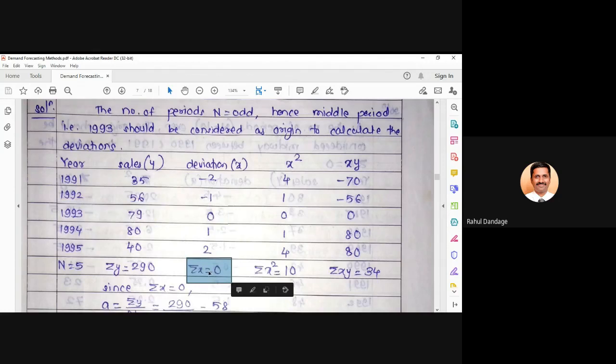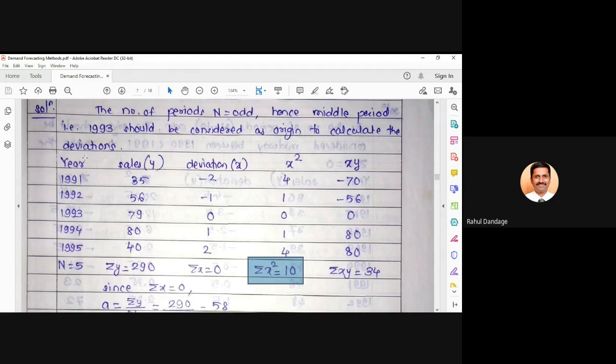Once we have ensured this summation x equal to 0, then simply calculate the remaining two columns, that is x square. Take the squared value for this deviation column. So minus 2 square is 4, minus 1 square is 1, 0 as it is, 1 square is 1, 2 square is 4. Take the addition, we have summation x square. And the last column is the multiplication of column number 2 and 3, that is x into y.